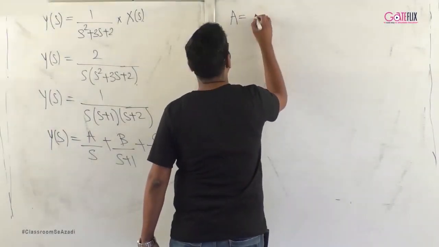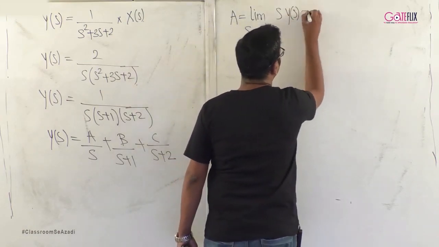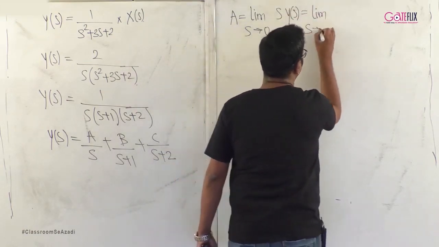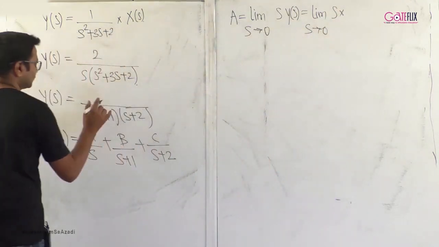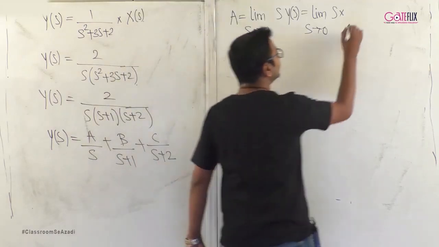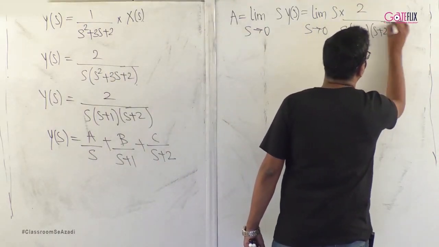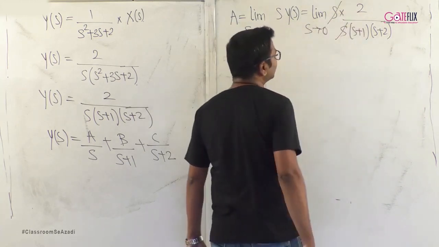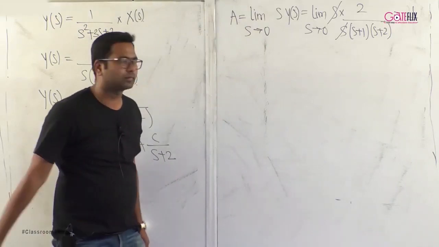A will be equal to limit s tending to 0, s into Y(s). So therefore this will be limit s tending to 0, s multiplied by 2 upon s(s+1)(s+2). So s will get cancelled. So A comes out to be 1.